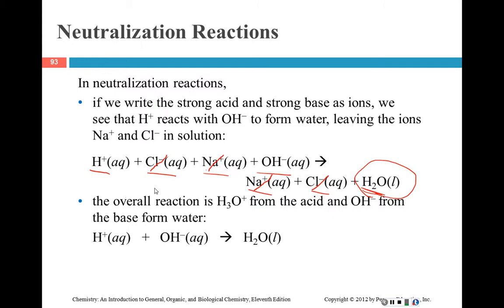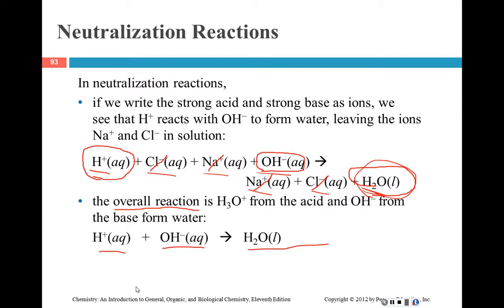So basically they're just hanging out throughout the whole thing. What's really reacting is the hydrogen ion and the hydroxide ion, and they're making the water. And so the overall reaction is H plus, or hydronium, plus OH minus gives us water.